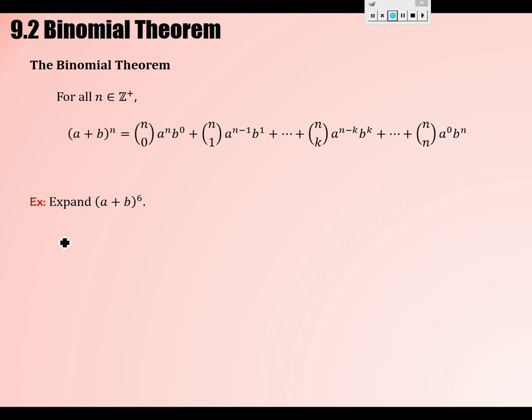So it's a to the 6th, b to the 0, 6 choose 0. So we just got a to the 6th at the front, and at the end we'll have just b to the 6th. What do we get? a to the 5th b, and the coefficient there is 6 choose 1.